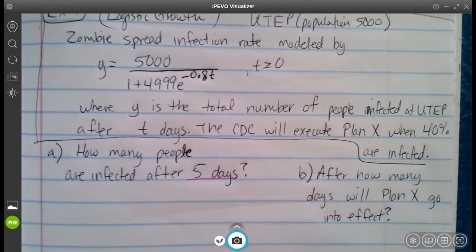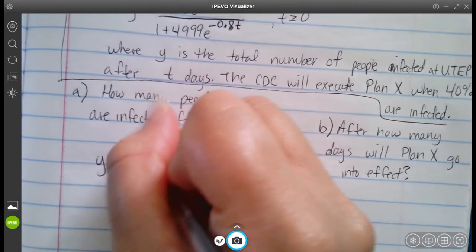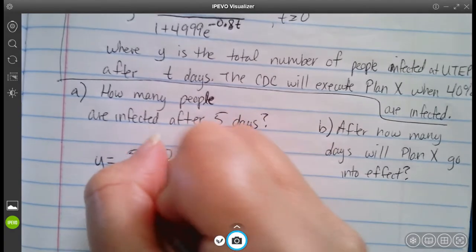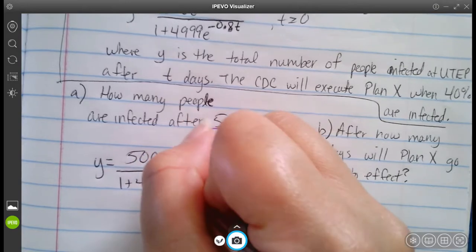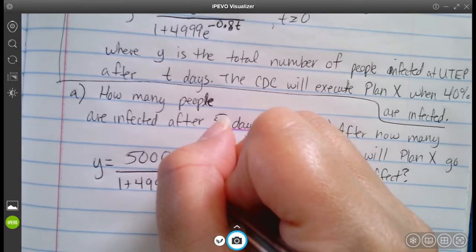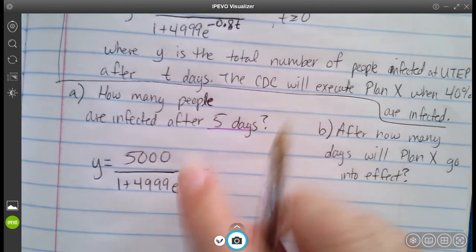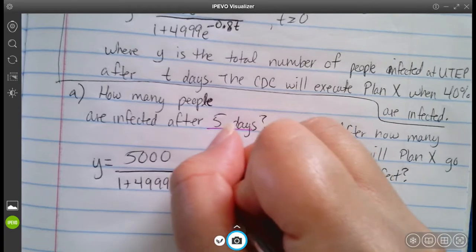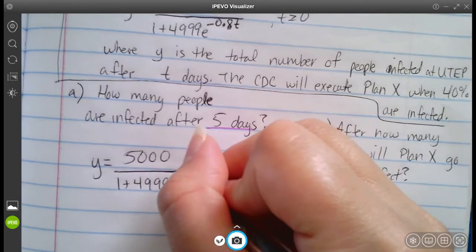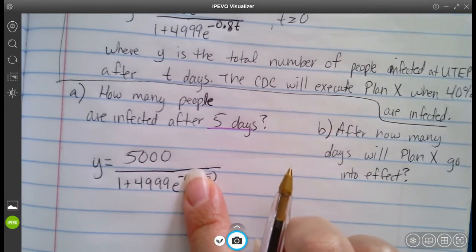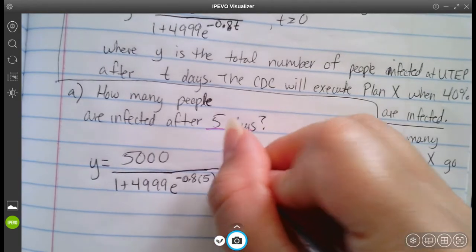So for part A, I'm going to take my equation y equals 5,000 over 1 plus this huge number, 4999, e to the power of negative 0.8, and then instead of t, I'm going to put that 5. You just plug it in. I'm not going to show the plug-in; by this time, you should be pretty good at that. When I plugged it in, I got about 54.